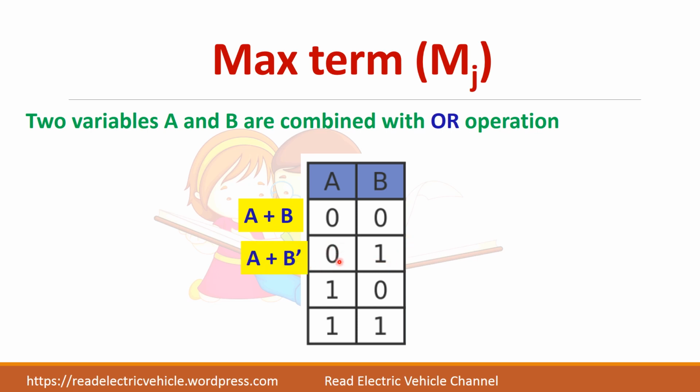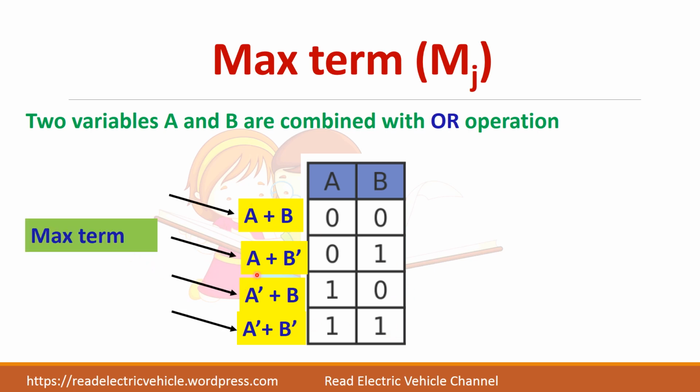See here A is 0, so A. For B, its value is 1, so I should write it as B dash. So here it is A dash plus B, and here it is A dash plus B dash. All these are called max terms, and they can be represented by the capital letter M, M0, 1, 2, 3. This sequence remains the same.